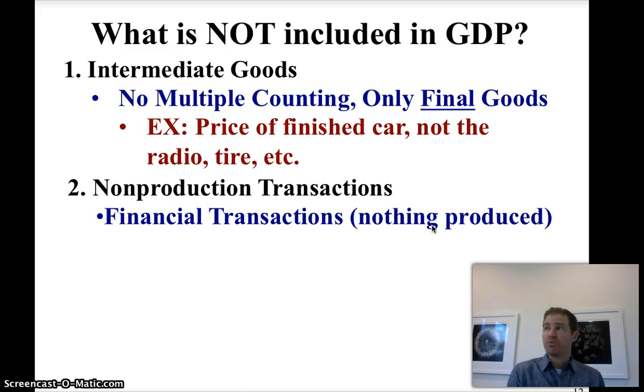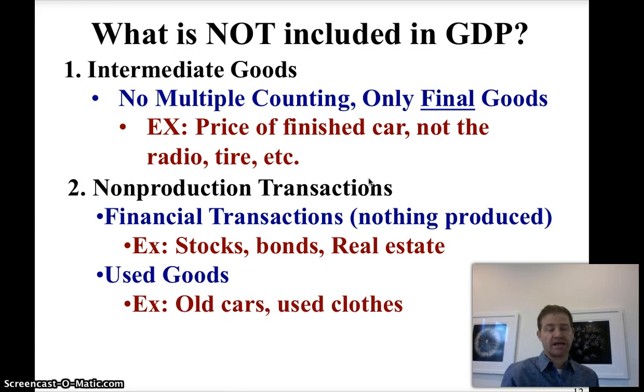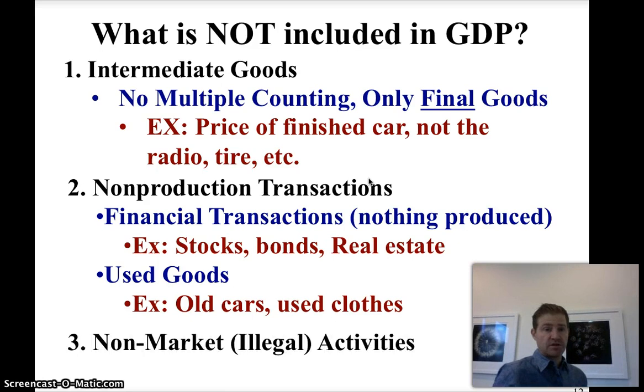So when you buy and sell a stock, you are changing ownership, but nothing has been produced. We do not count that towards GDP. When you buy or sell a home, nothing has been produced. Okay? Used goods are not counted because they were counted when they were first produced.